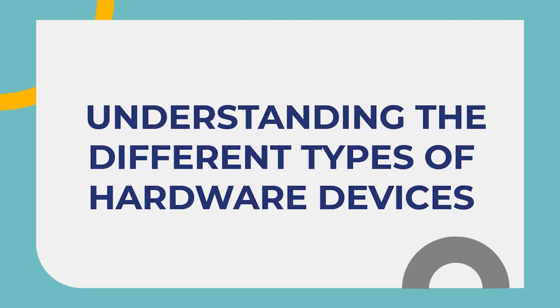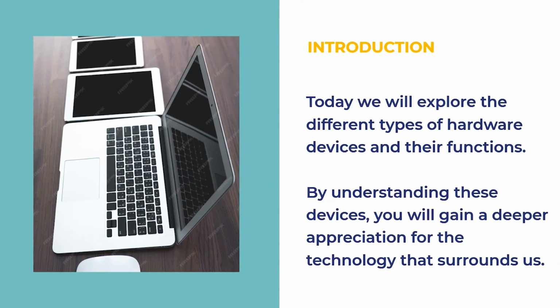We'll be going over some of them. Okay, so let's jump into that right away. It's important to know that these hardware devices play a vital role for us, because the more hardware devices you have, the more features your computer may have.